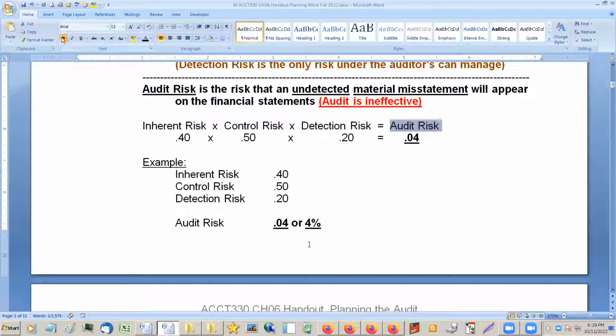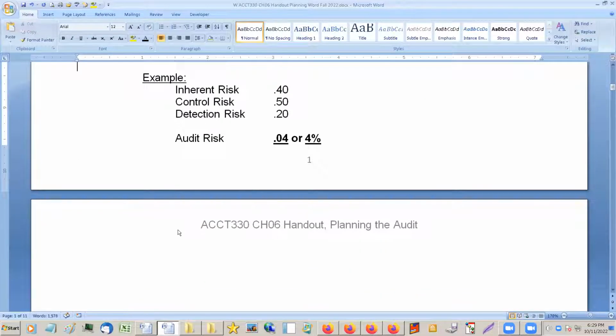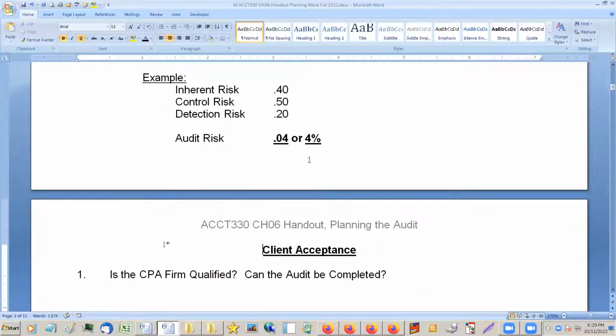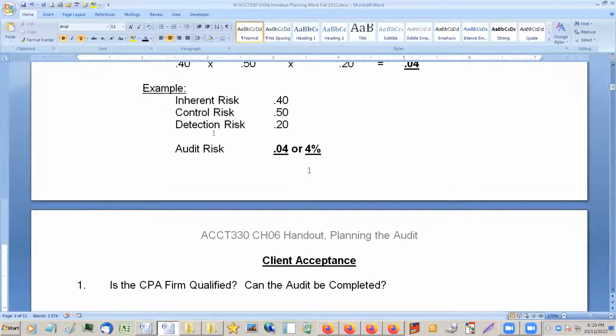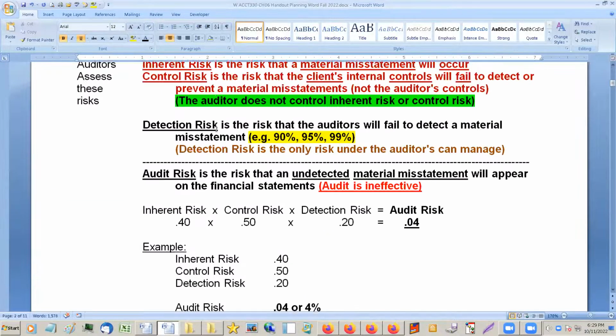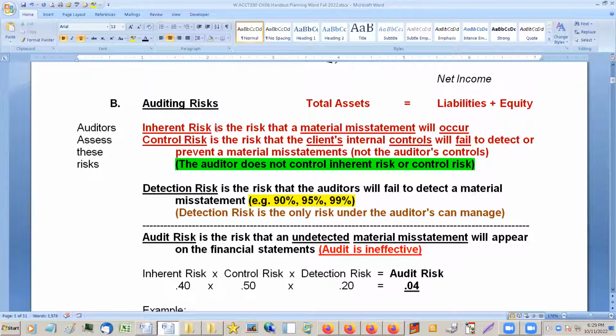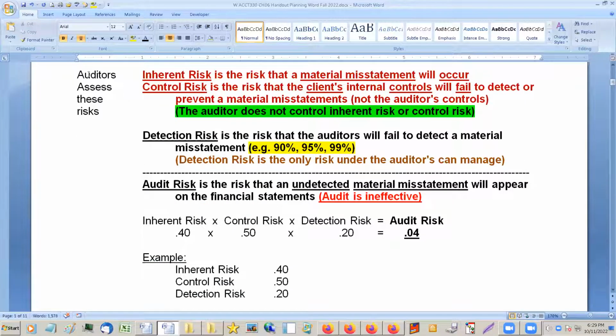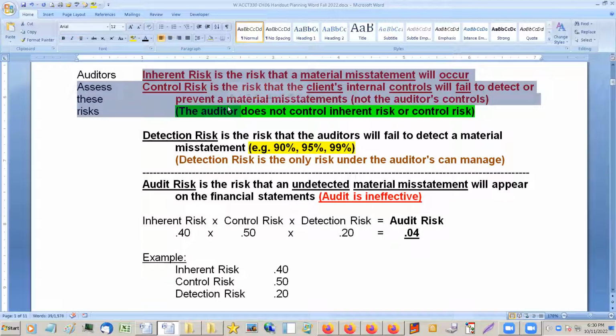I don't know if any audit firms actually do this, but it has been on the CPA exam. I think it's been on at least a couple of times actually. Question on that? So these are the risks, and again, we assess the risk that something bad will happen and whether or not the controls will catch it.